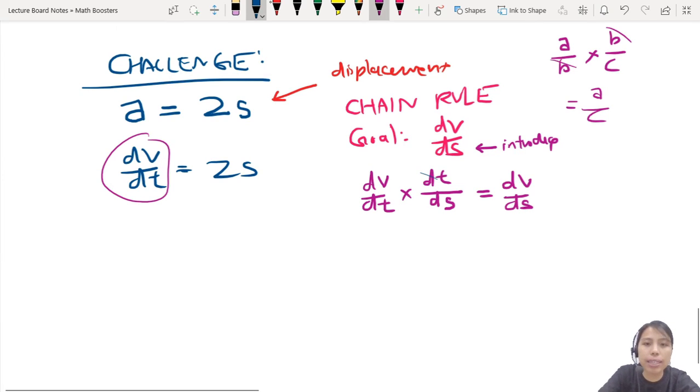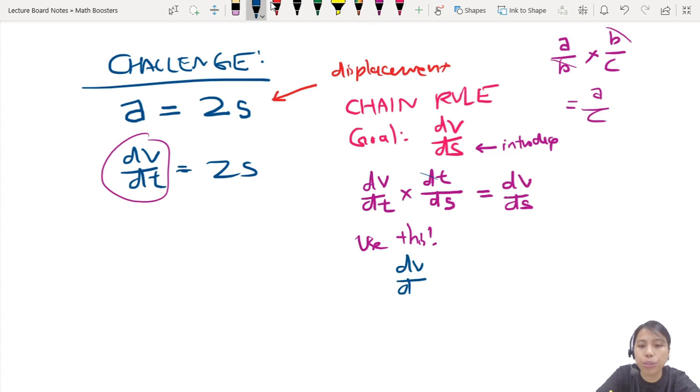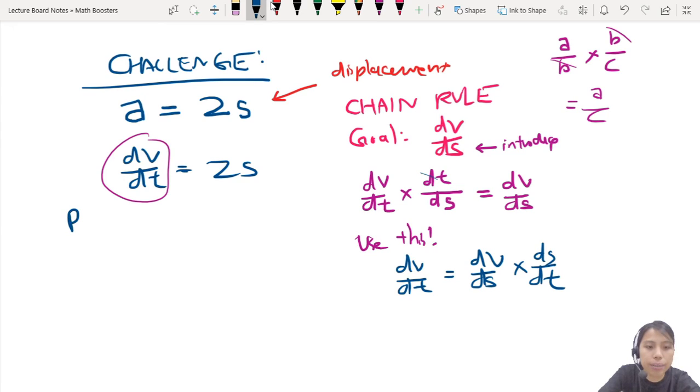So how can you plug this inside your equation on the left? Plug in dv dt. So we rearrange a bit. dv dt equals dv ds. Move the fraction to the other side, it will become ds dt. Okay, so now we can use that. So we plug in here a chain rule.